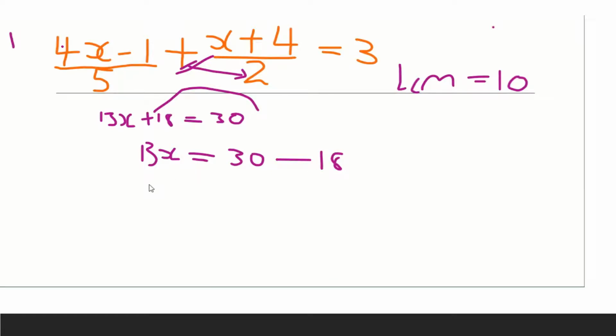Now we're left with 13x, and that's equal to 12. So we want to get x by itself, so we're going to divide each side by 13. And of course, our answer would be x is equal to 12 over 13.